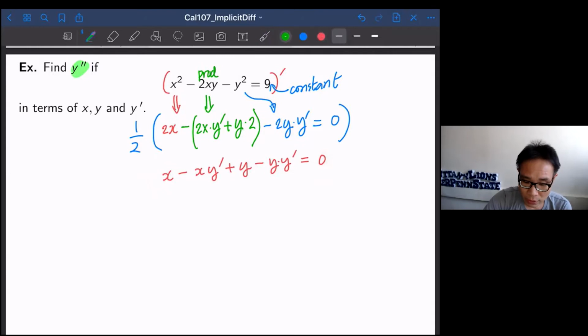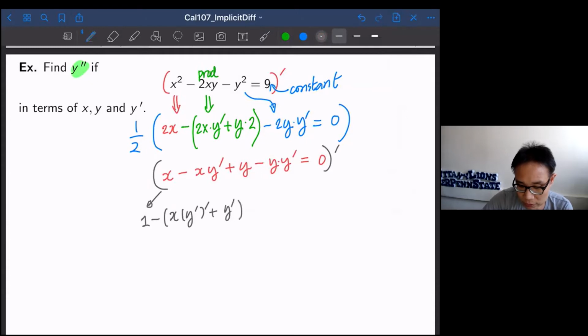So in order to find the second derivative, we're going to differentiate this again, term by term. You differentiate x, you get 1. Then you differentiate xy prime: the first derivative of the second, which is y double prime, plus the second derivative of the first, and you have y prime.